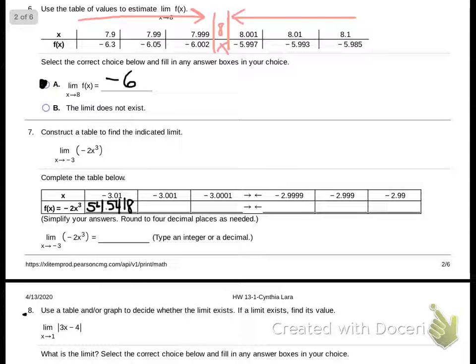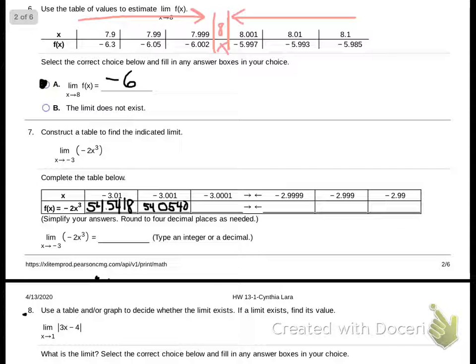This one was 54.0540. Sorry, my stylus is not cooperating with me.